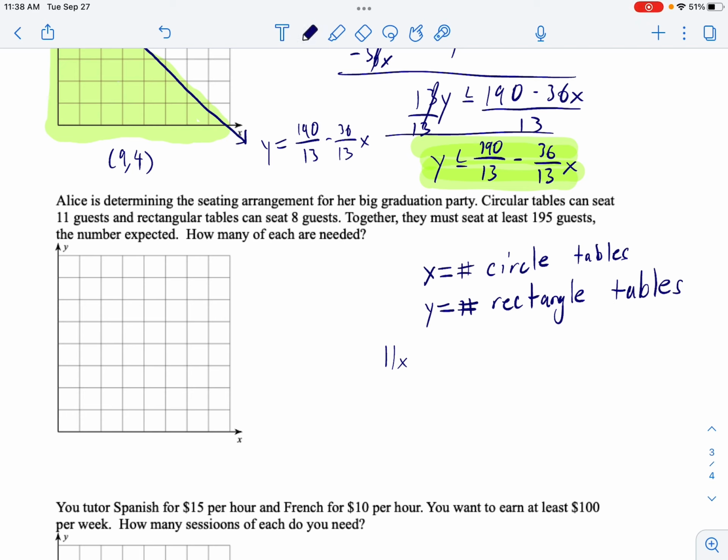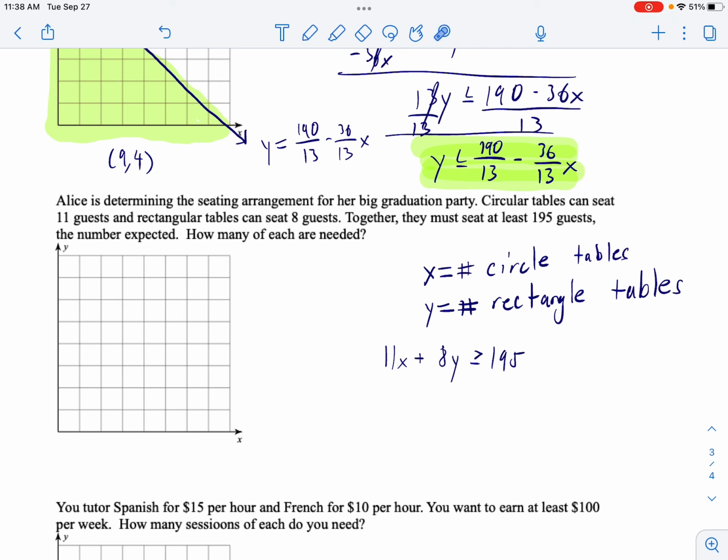The total number of guests at rectangle tables is going to be 8, because there can be 8 guests at one rectangle table, times the number of rectangle tables we have. So this 8y is the total number of guests we're going to seat at rectangle tables. If we add these two, we get the total number of guests we're going to seat at a table. And that's got to be at least 195, right? So that's got to be greater than or equal to 195.